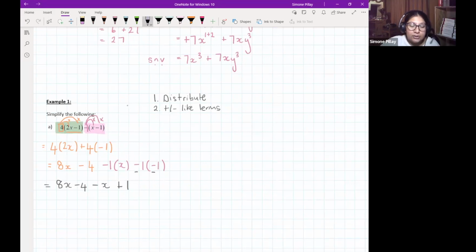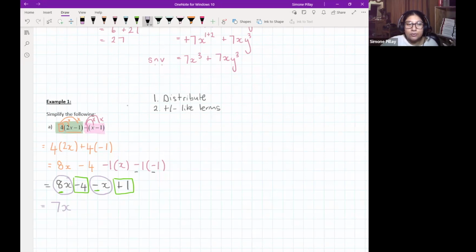And the way I like to remember adding like terms, I told you guys about the fruit bowl, but also I draw shapes around it. So that's a circle and that's a circle, and that's a square and that's a square. So if I have 8 circles over here, and then I minus 1 circle, how many circles do I have left? I have 7, but 7 what? 7 circles, okay?